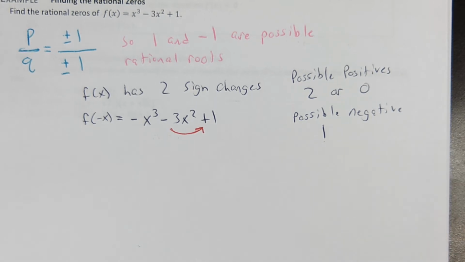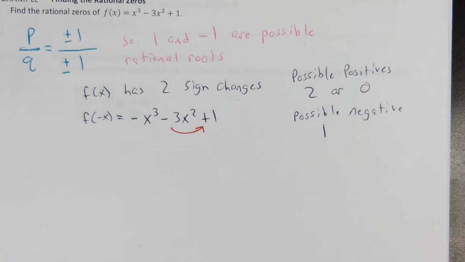All right, so what do we do? What I would do is use the remainder theorem, and I would check my possible rational zeros using the remainder theorem. If I get a remainder of 0, I found a root. Does that make sense? And if I check the remainder theorem and I don't get 0, that's not a root. So let us see.